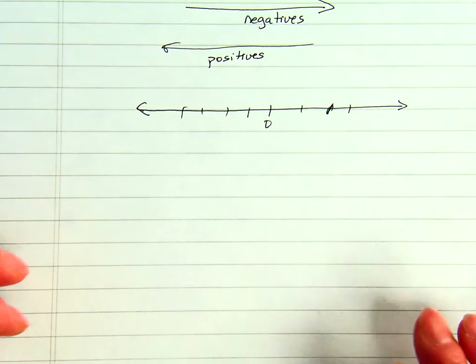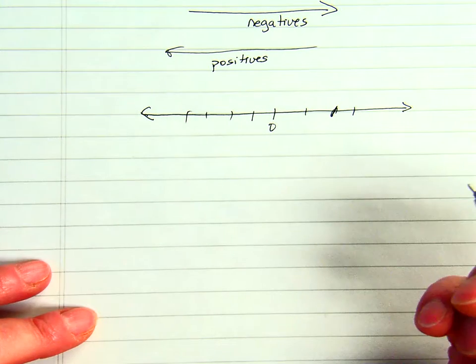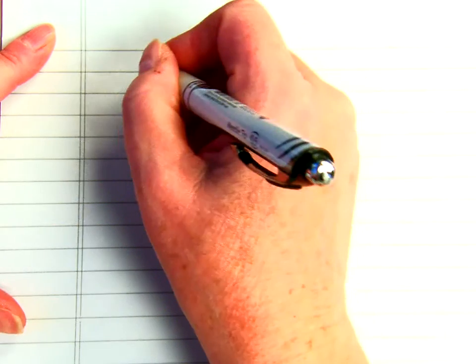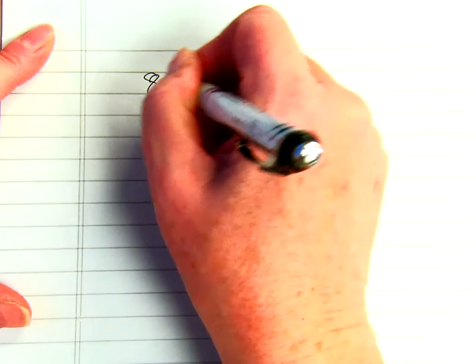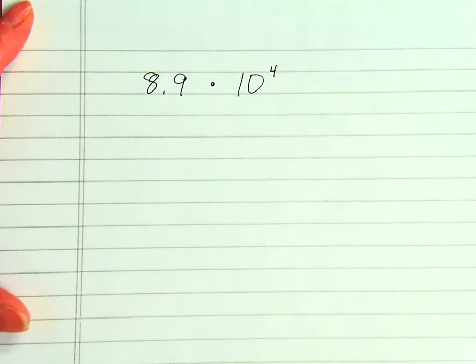Okay, so now let's look at taking it out of scientific notation. Let's flip the page again. Let's take a number, 8.9 times 10 to the 4th power.